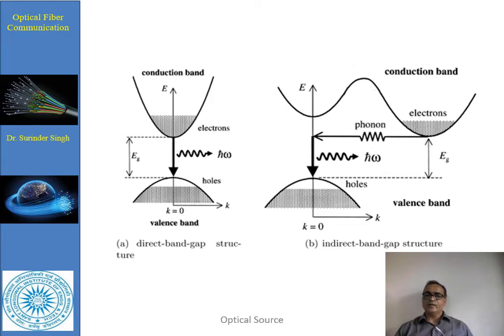So here a third particle is required in order to conserve the momentum. This is called the indirect band gap material. So direct and indirect band gap materials are clear.